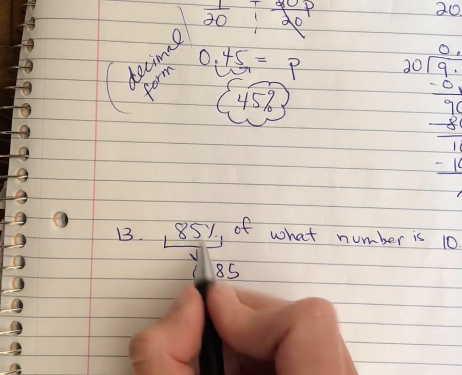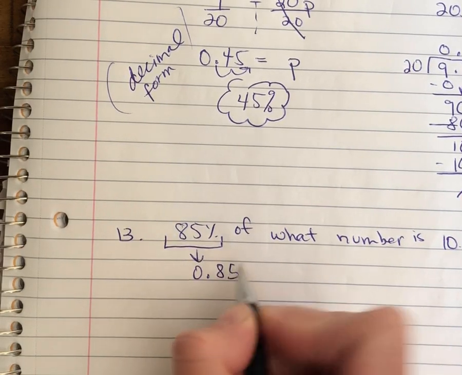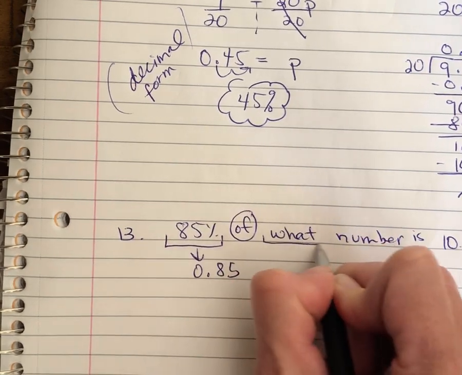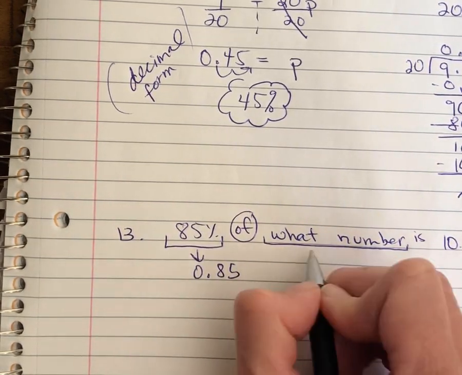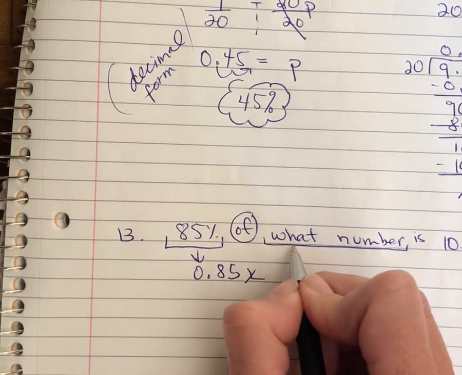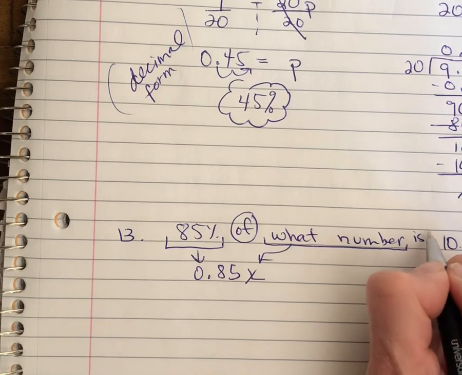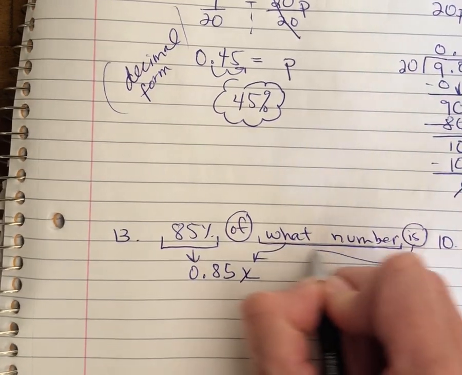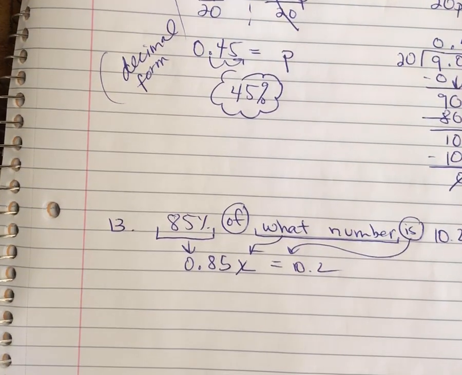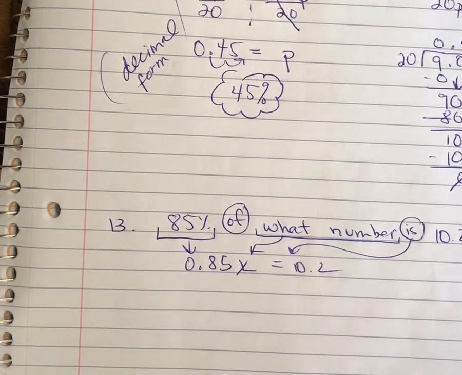So 85% as a decimal is 85 hundredths. Of means multiplication, and we don't know what number to multiply it by. So multiply it by your variable, x, okay? So that's where what number is translates to our equal sign, and then drop in your 10 and 2 tenths, okay?